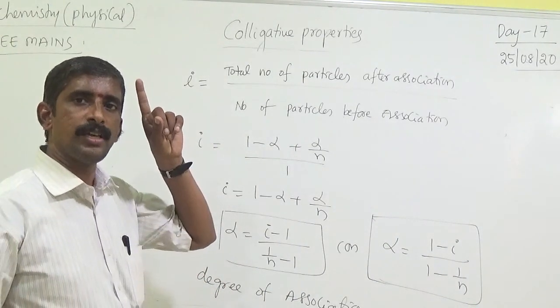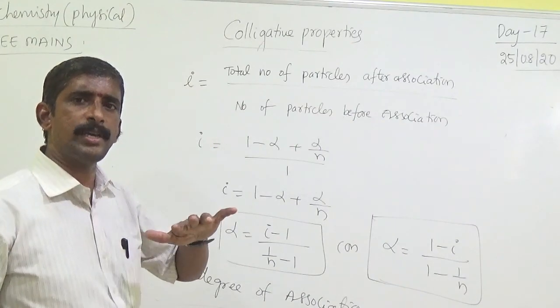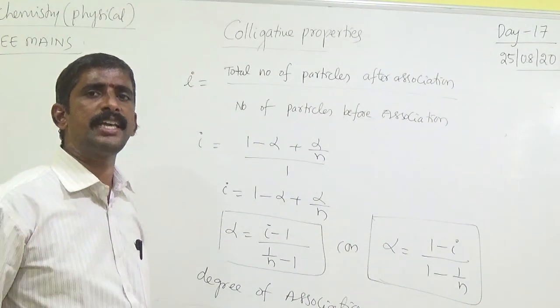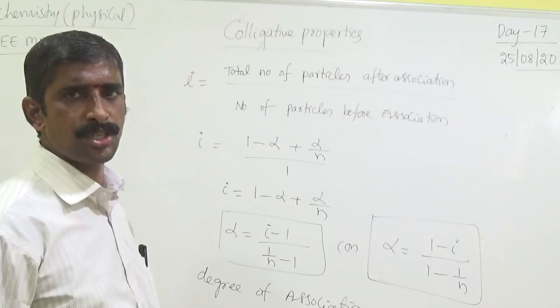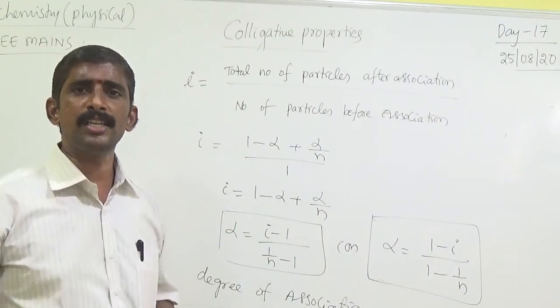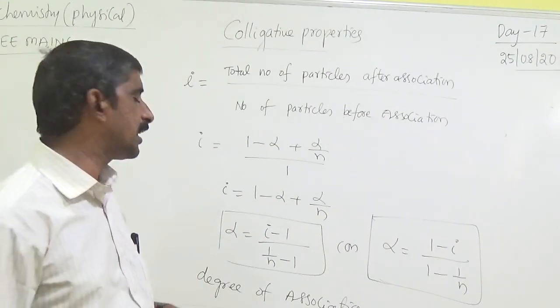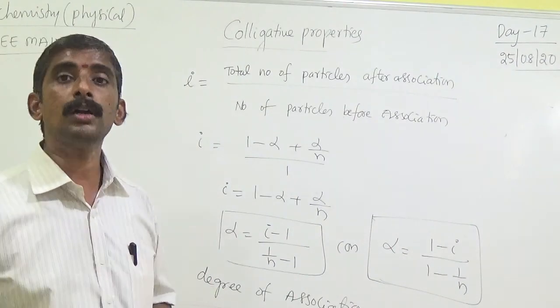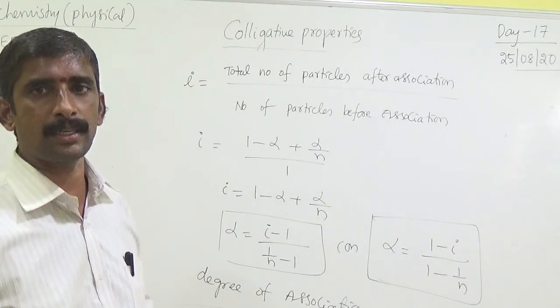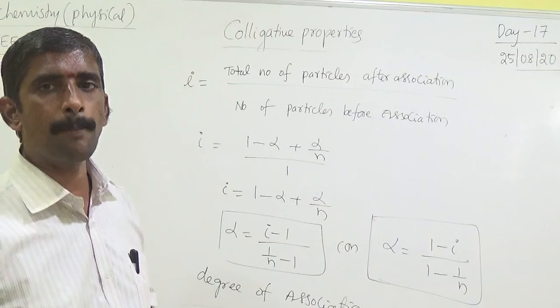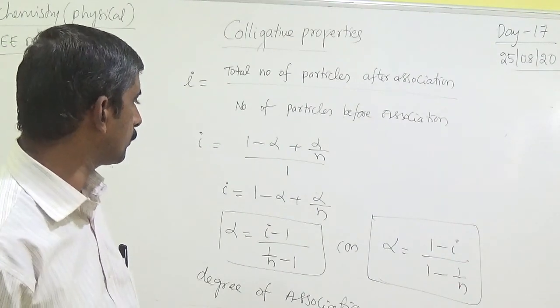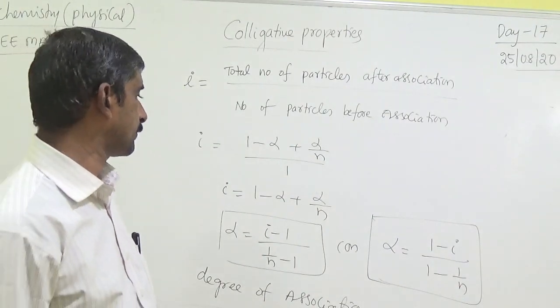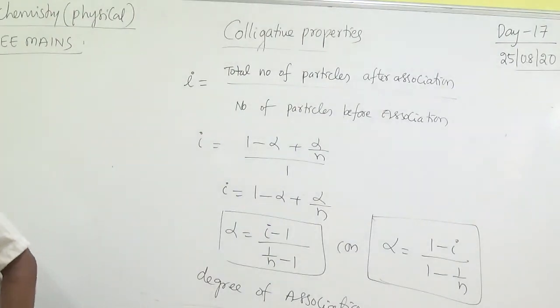In the first case alpha means degree of dissociation, in the second case alpha means degree of association. i means Van't Hoff factor, n means number of particles.